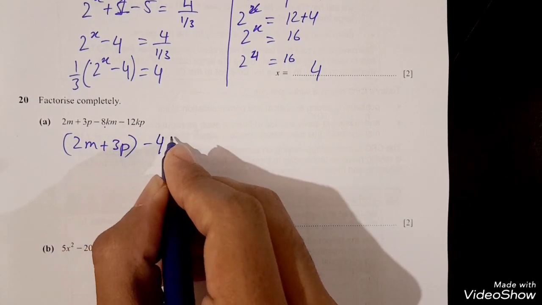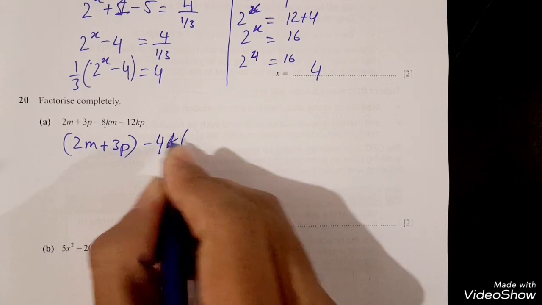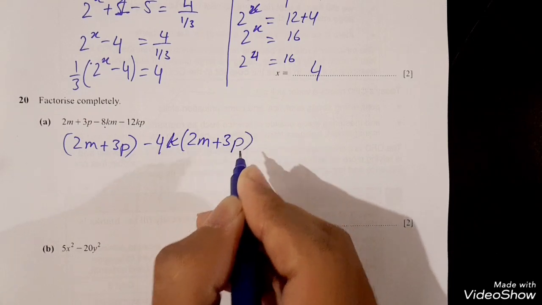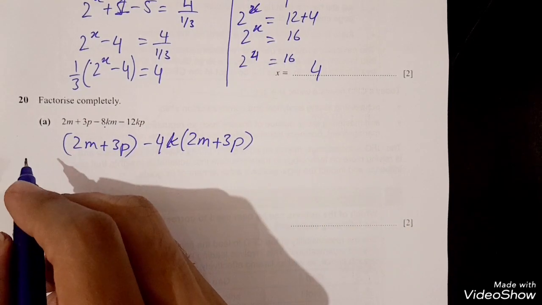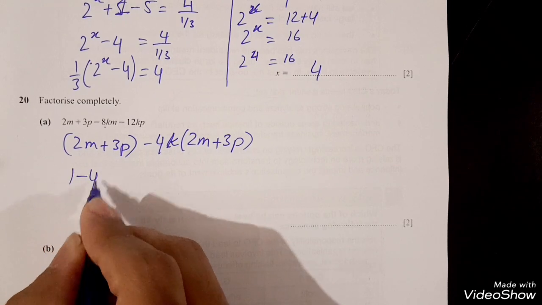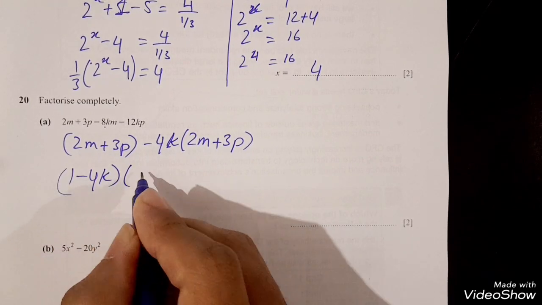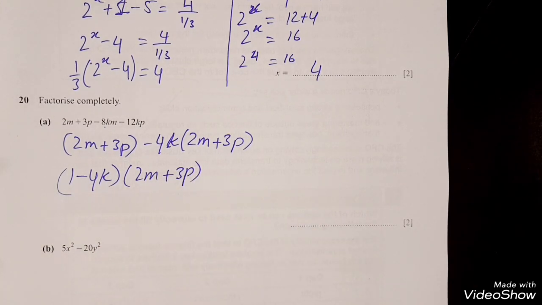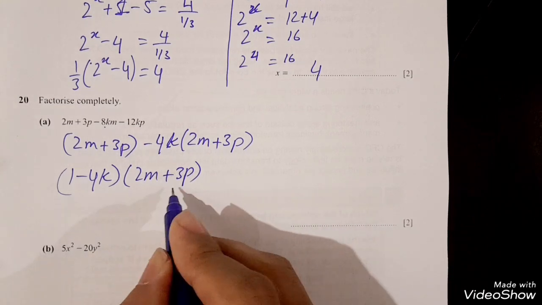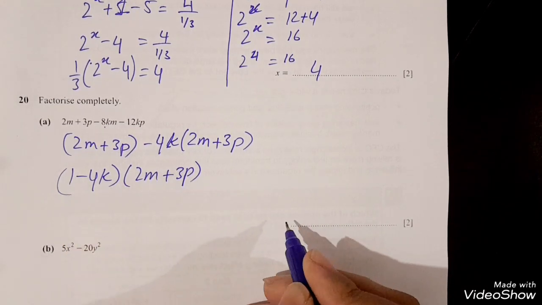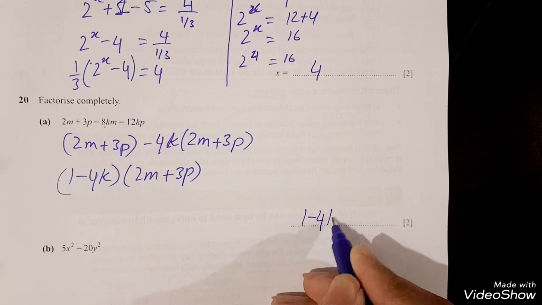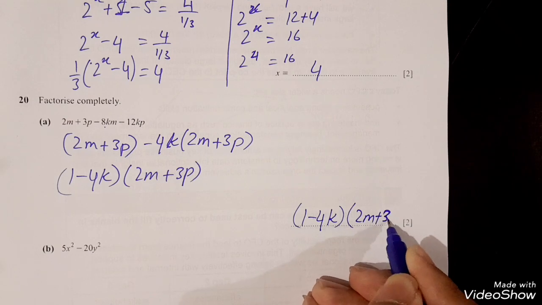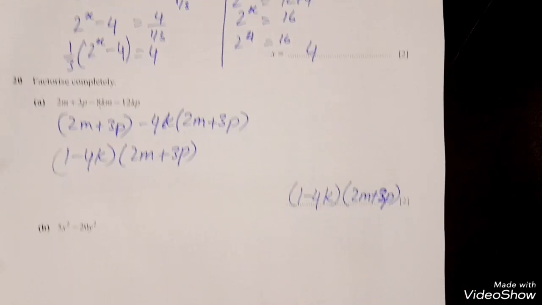So 4k with 2m plus 3p, so both are common. So we will write (1 minus 4k) multiplied by (2m plus 3p). So this is how we will calculate. So this will be the final answer for part A. So we will write (1 minus 4k) multiplied by (2m plus 3p).